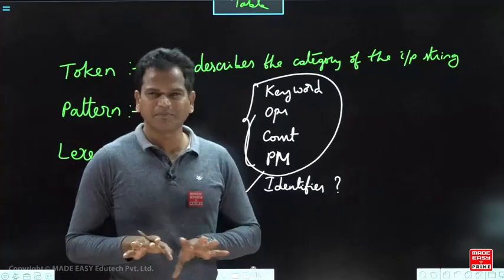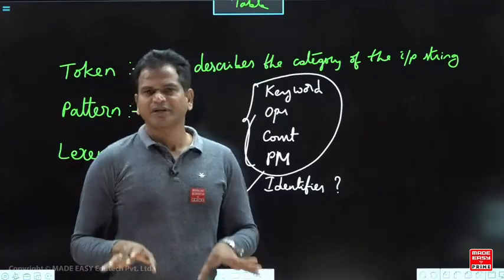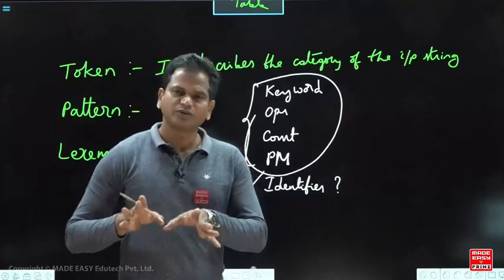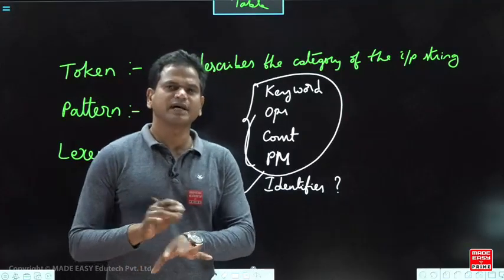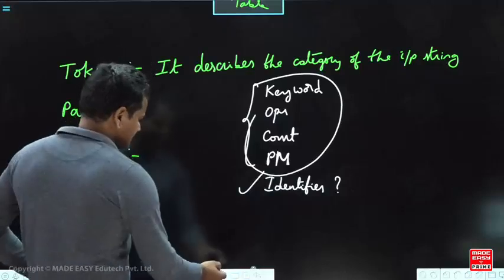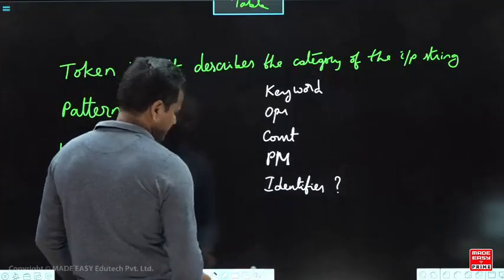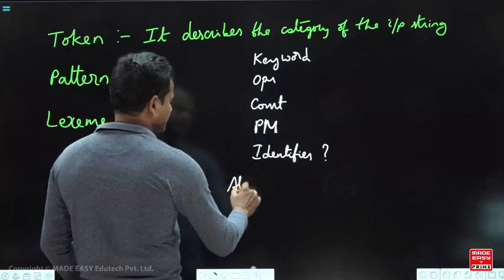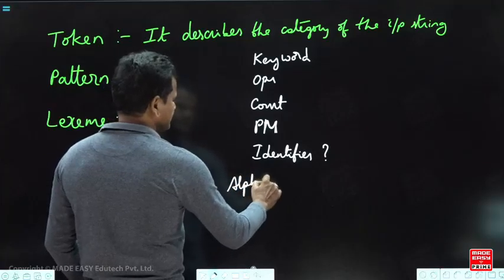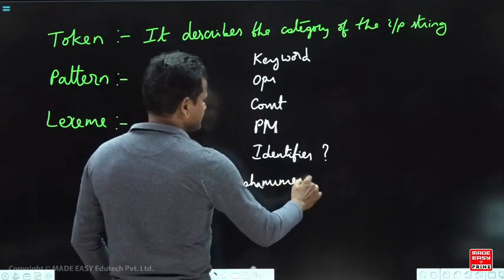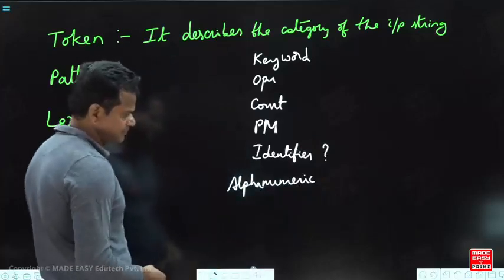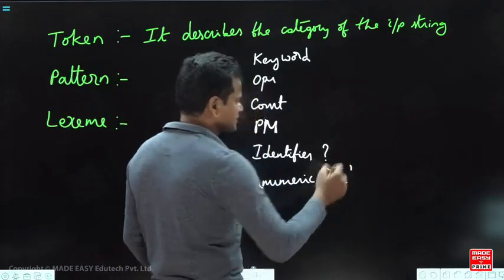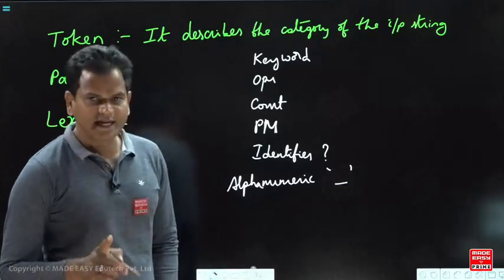This is completely language dependent. If you talk about the C language, there are some rules for an identifier. What are the rules for an identifier? In general, an identifier is made of alphanumeric symbols, and the only special symbol allowed is the underscore.